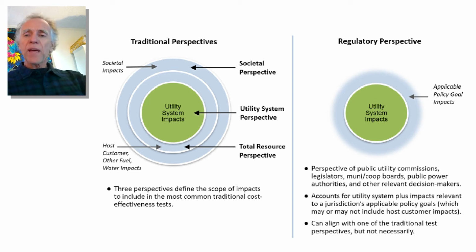So the way we frame that is that fuzzy blue area around the inner circle is what can be seen as the applicable policy goals and the impacts of those goals in any one state. And we intentionally kept that blue outer circle fuzzy because it's different in one state or another. And you might have a different perspective, and that's okay, because in fact, states do have different perspectives.